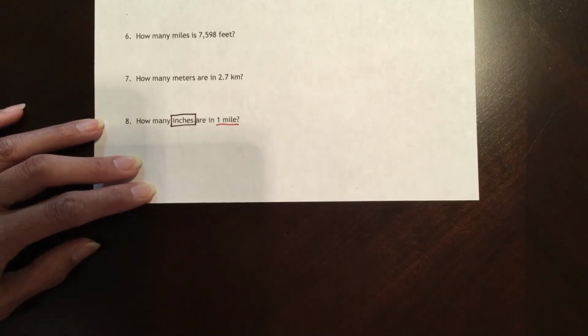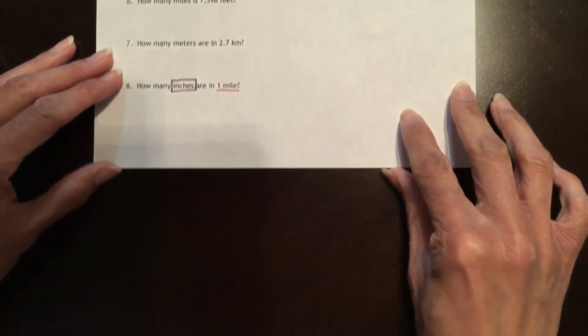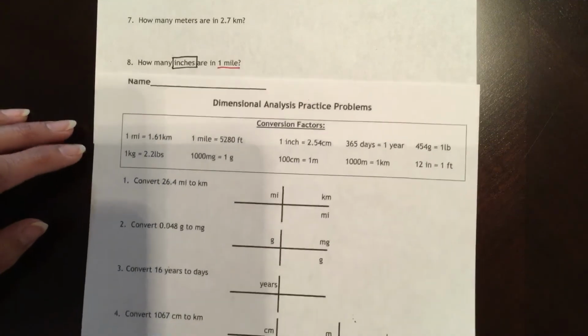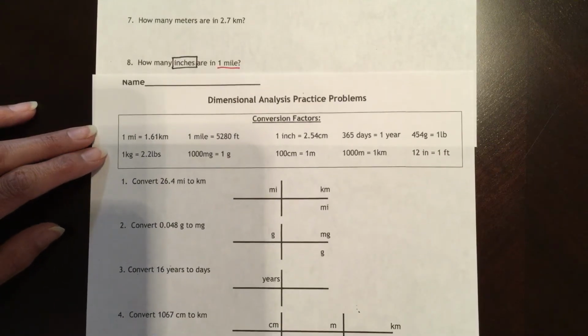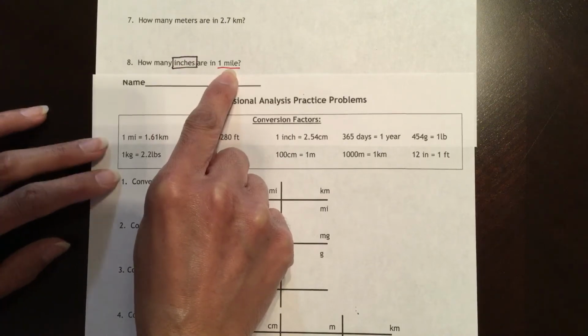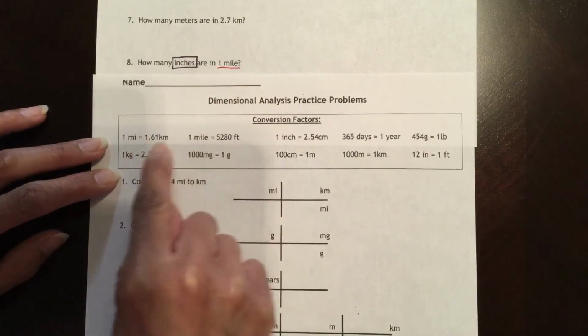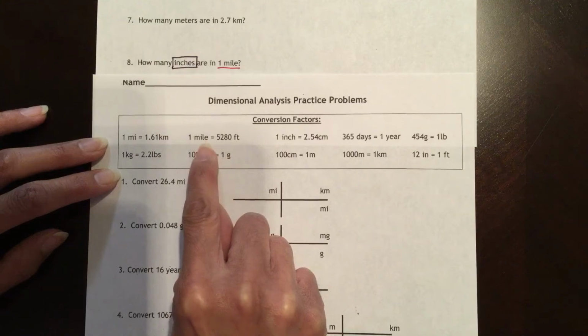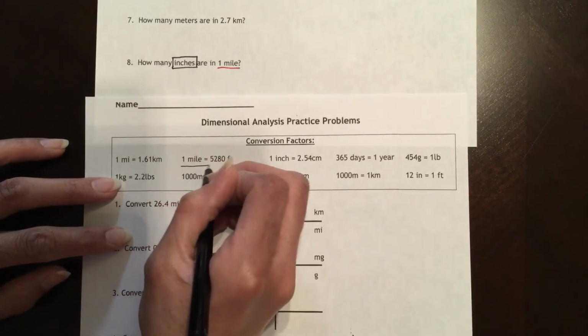Okay, now I'm going to move this up a little bit so we can show you the top page. Now I want something that has inches and miles to it. Well, I only had 2 that have inches and miles. So I have miles here. So what I'm going to do, I'm going to underline it.